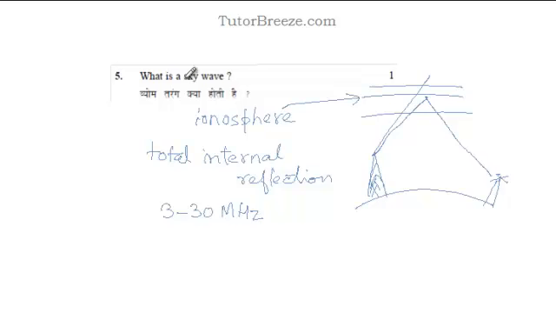So if you're asked what a sky wave is, it is a wave that gets reflected from the ionosphere, and the waves used are in the frequency range from 3 to 30 megahertz.